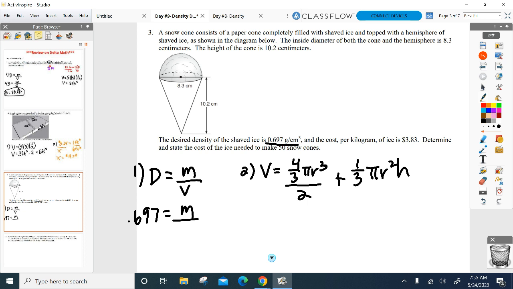All right. I believe you guys should be able to find the radius and the height pretty easily there.